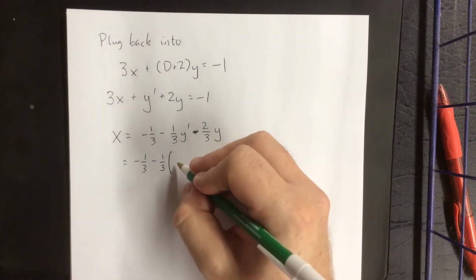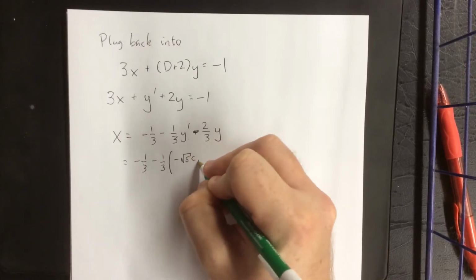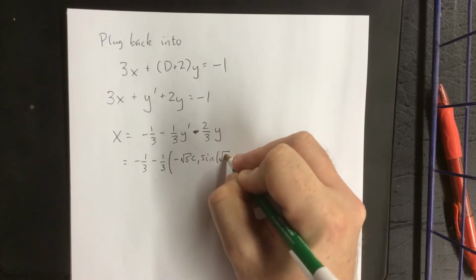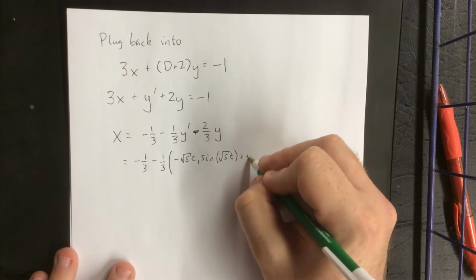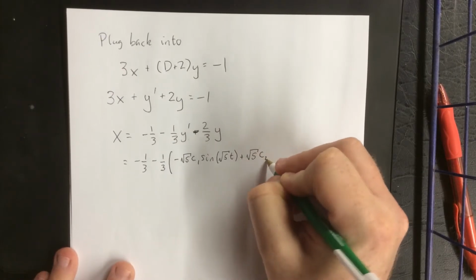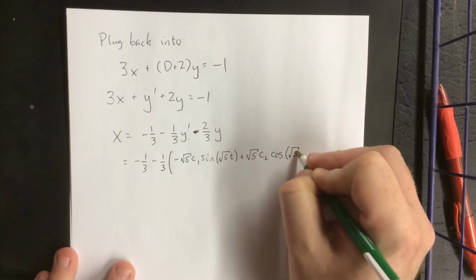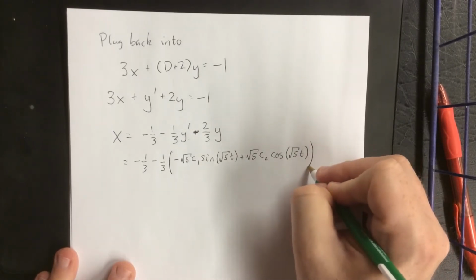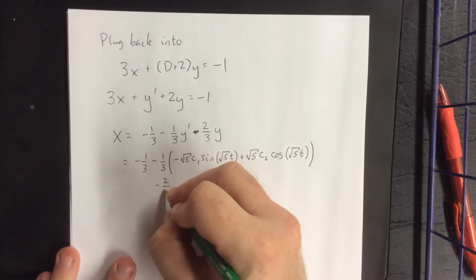So that'll be negative square root of 5 c1 sine of square root of 5 times t plus square root of 5 times c2 times the cosine of the square root of 5 t, and the minus 7/5 is no longer around because that is a constant.